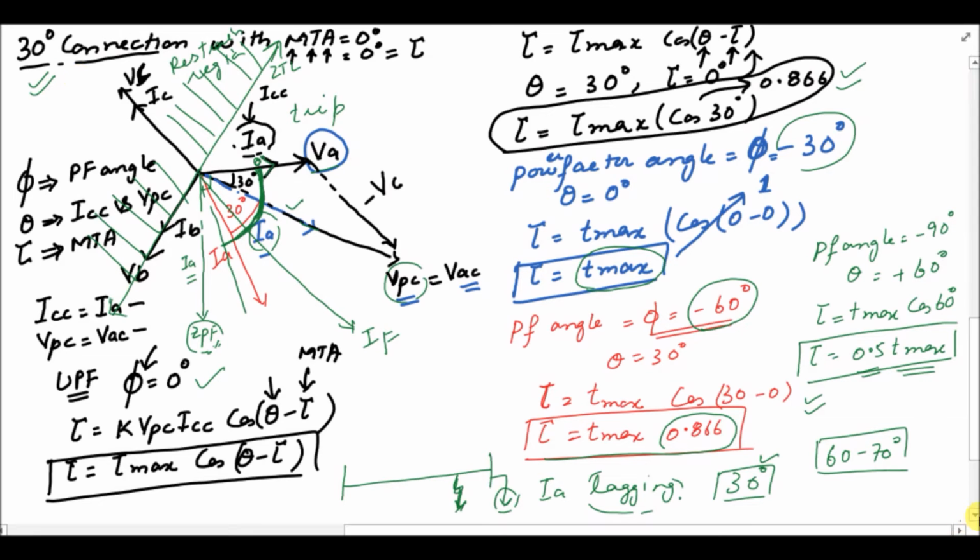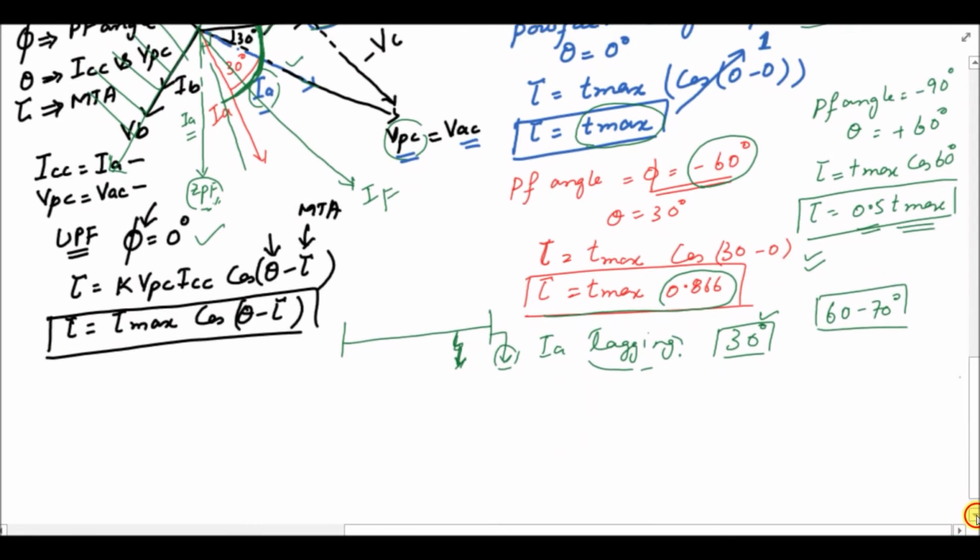Now in the second case, we have a 90-degree connection with MTA of 45 degree. So the second case is 90-degree connection with MTA 45 degree. So this is your tau.